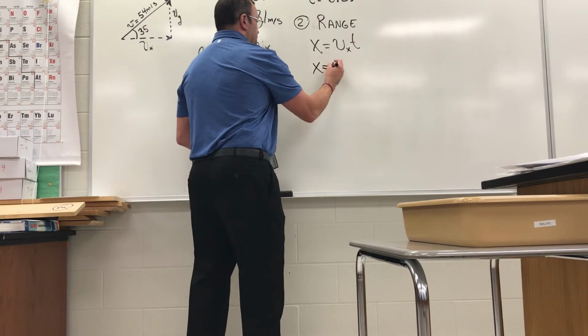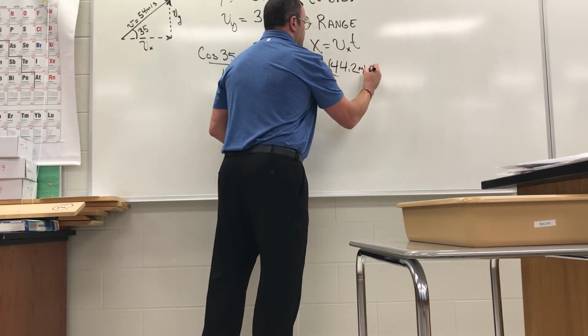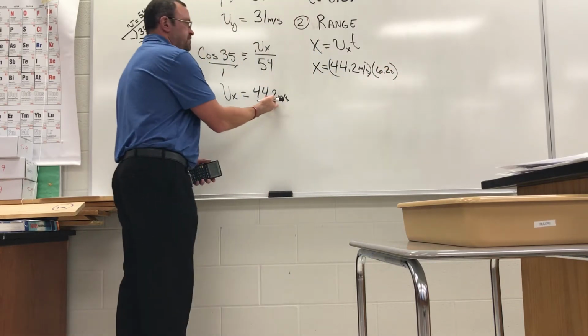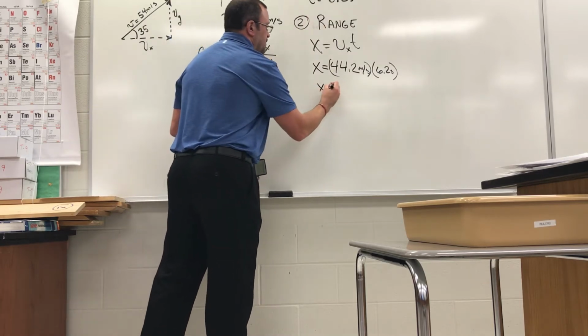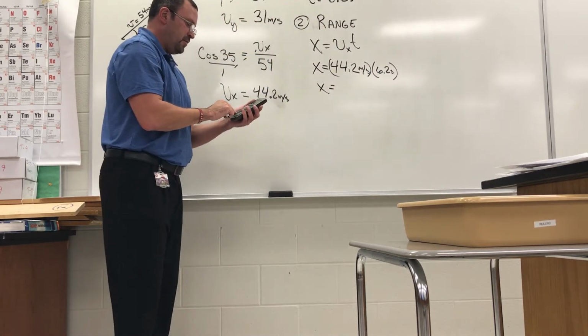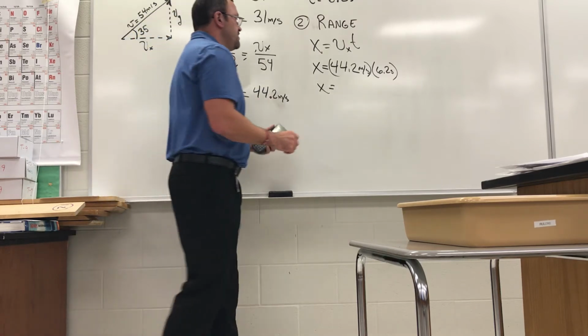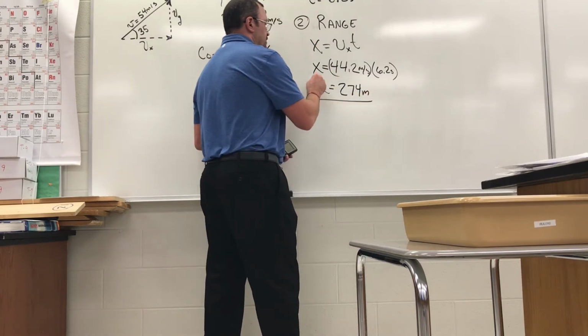So I'm going to have x equals 44.2 meters per second times 6.2 seconds. Multiply those together, 44.2 times 6.2, and I get 274 meters. Hopefully you got that.